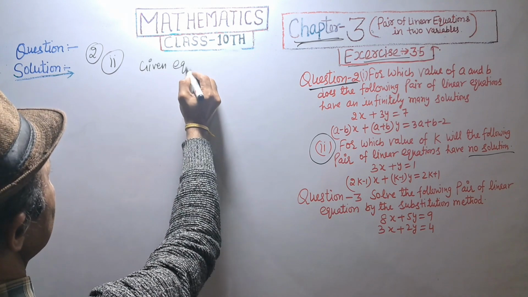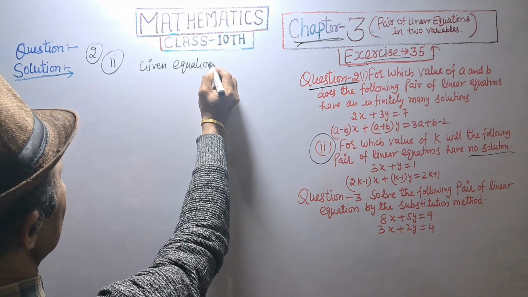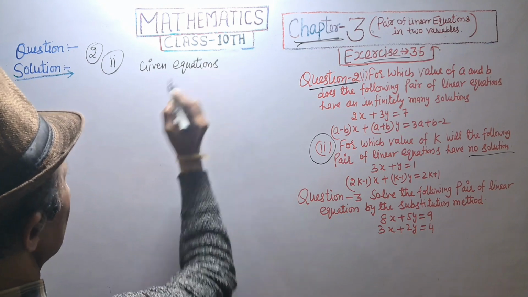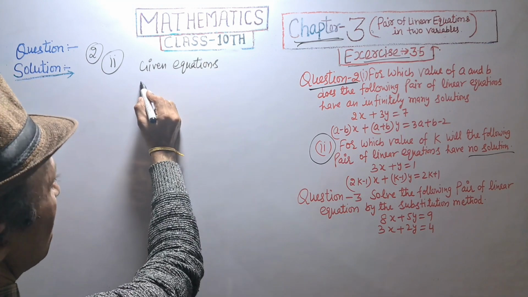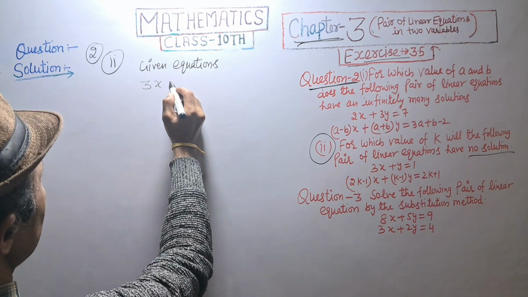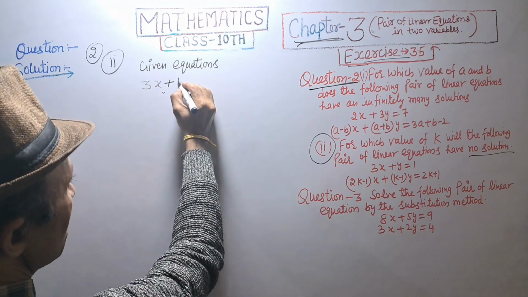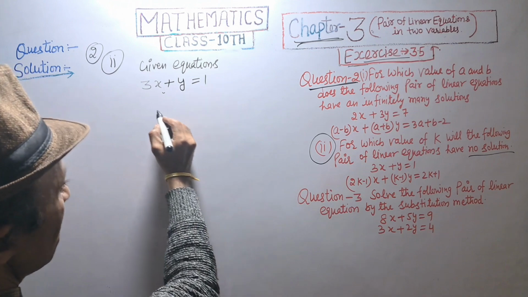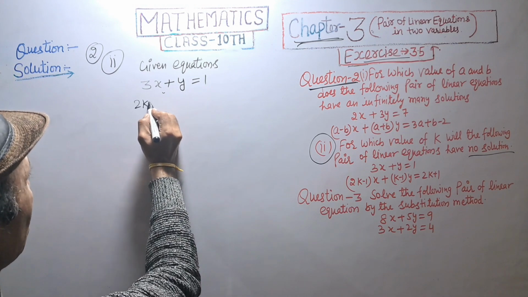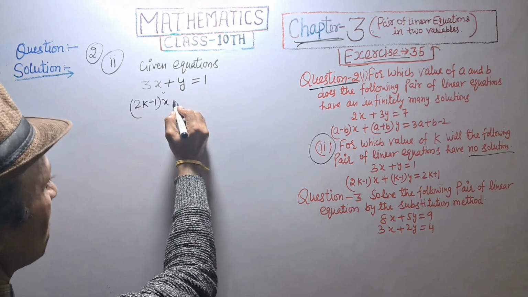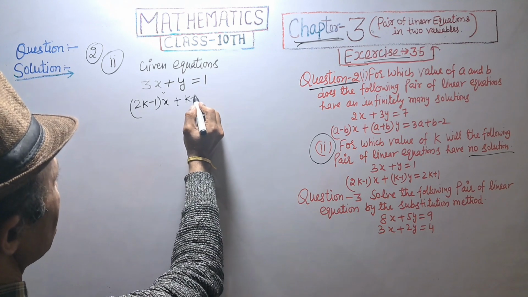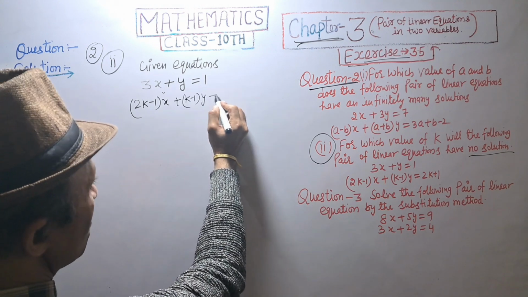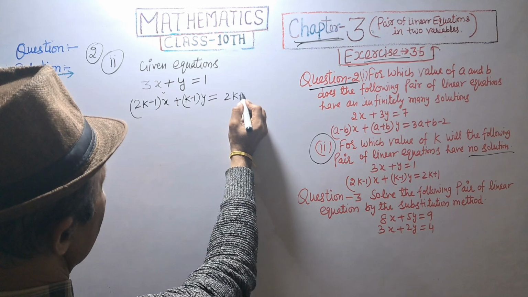Given equations: 3x plus y is equal to 1 and (2k minus 1)x plus (k minus 1)y is equal to 2k plus 1.